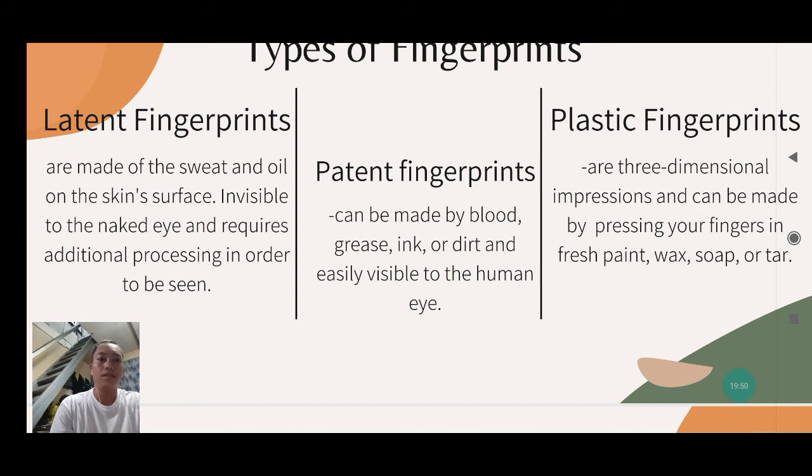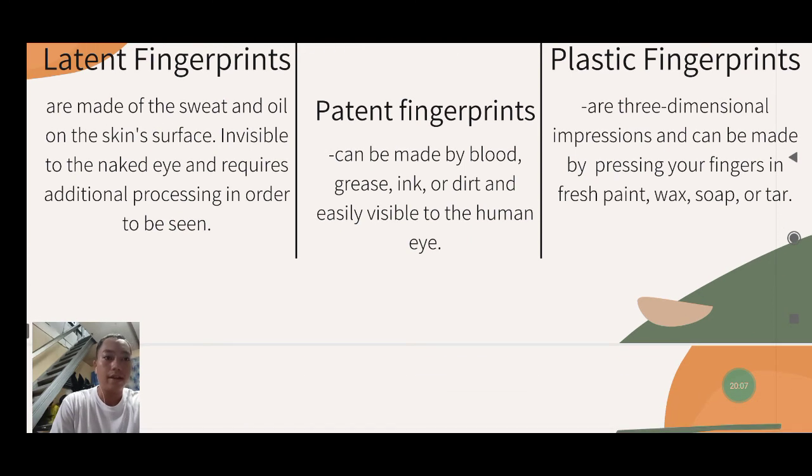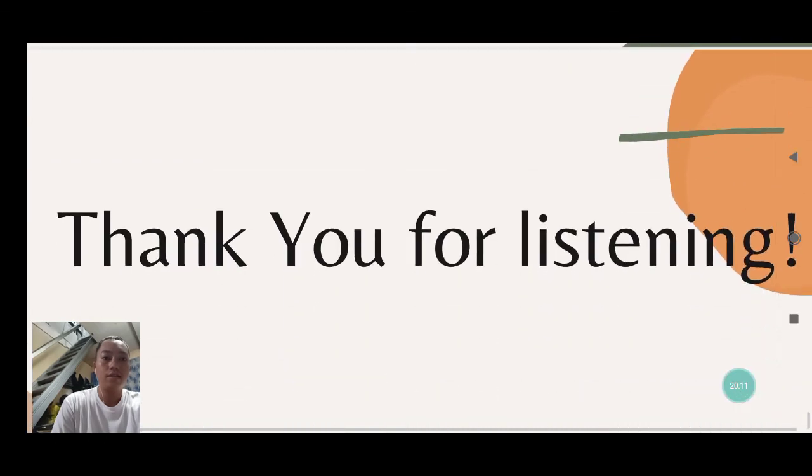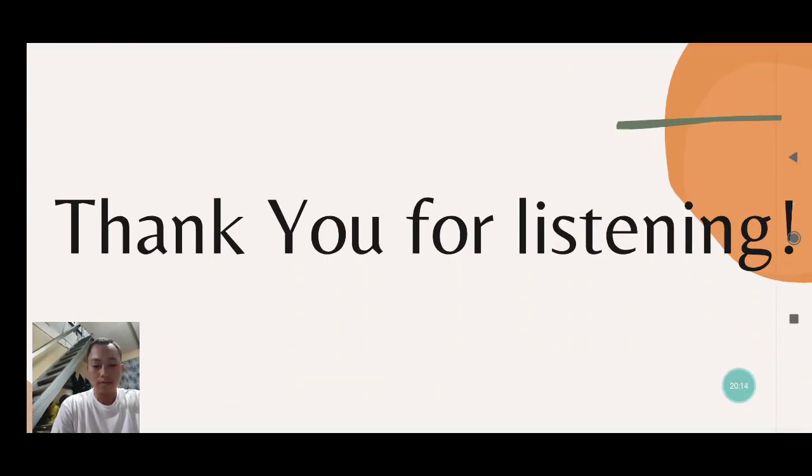Patent fingerprints can be made by blood, grease, ink, or dirt, and are easily visible to the human eye. Plastic fingerprints are three-dimensional impressions made by pressing fingers into fresh paint, wax, soap, or tar. That's all. Thank you.